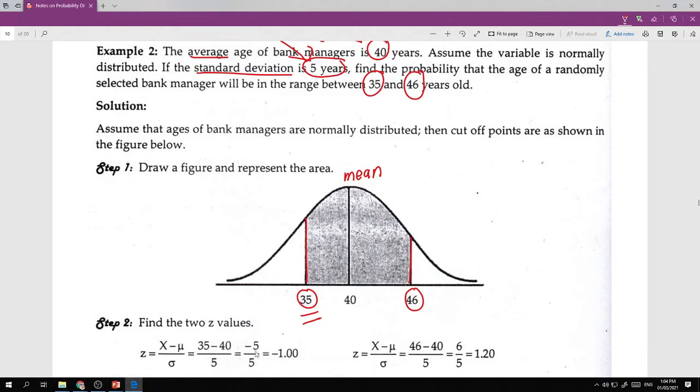Negative 5 over 5 is negative 1. So the z-score is negative 1.